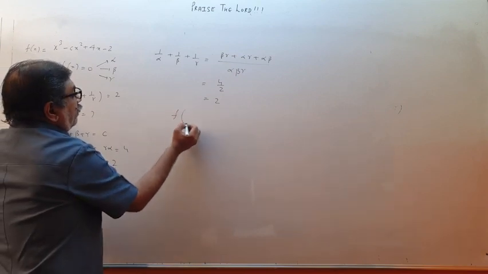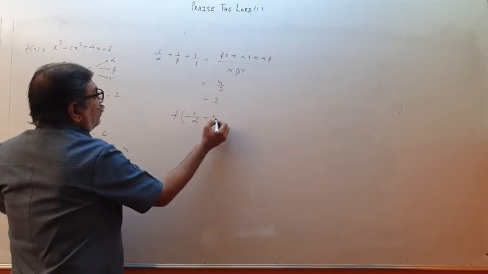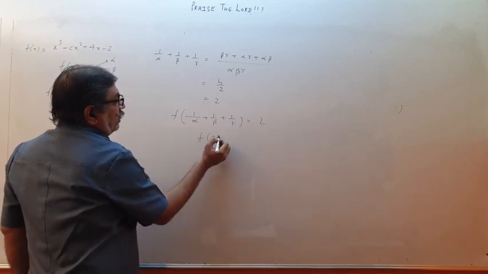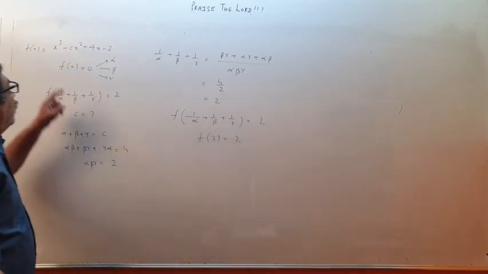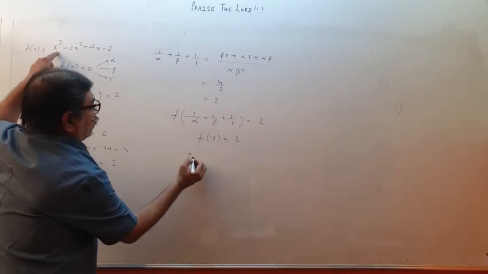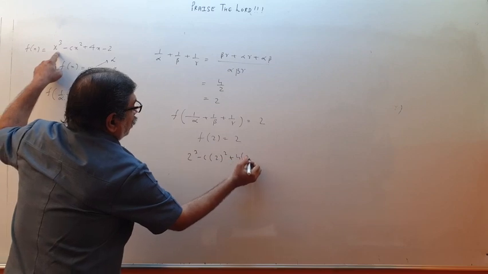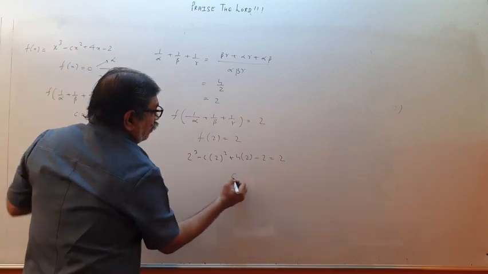So f of (1/alpha plus 1/beta plus 1/gamma) is 2. That means f of 2 is 2. And f(x) is this. That means 2 cube minus c times 2 square plus 4 into 2 minus 2 is 2. From here we get c.